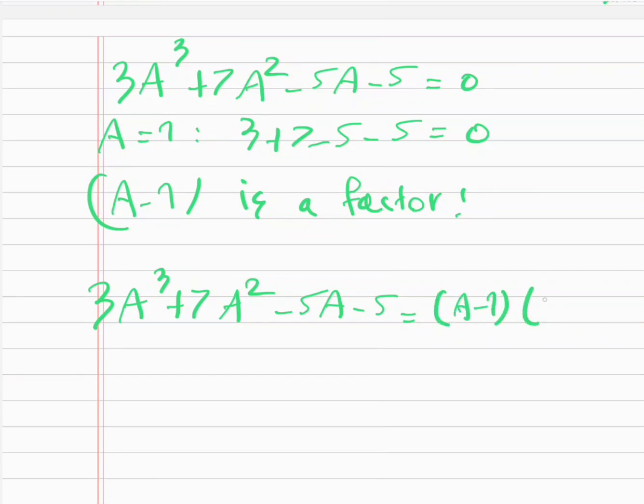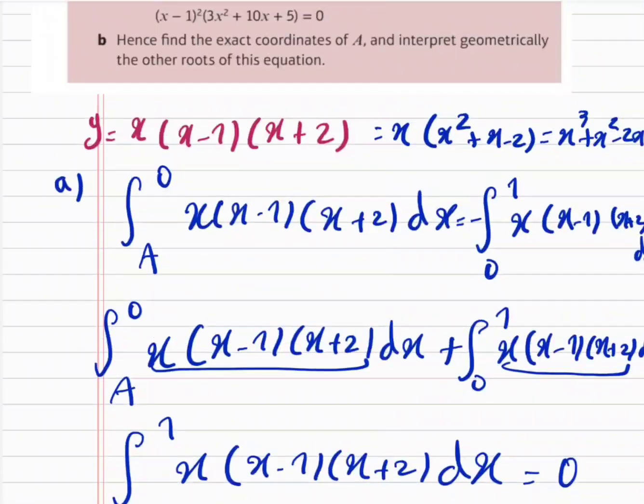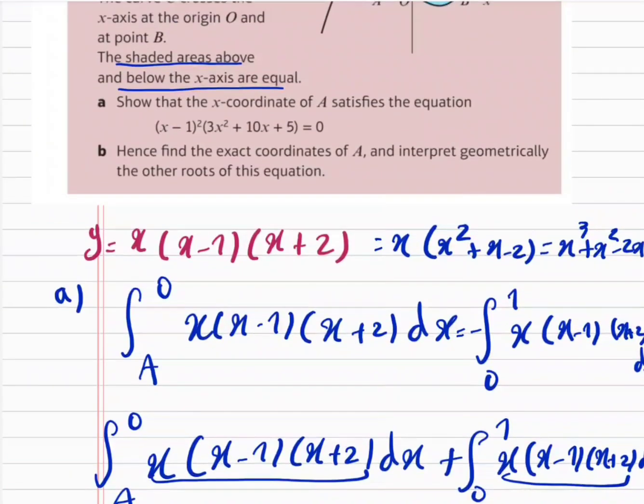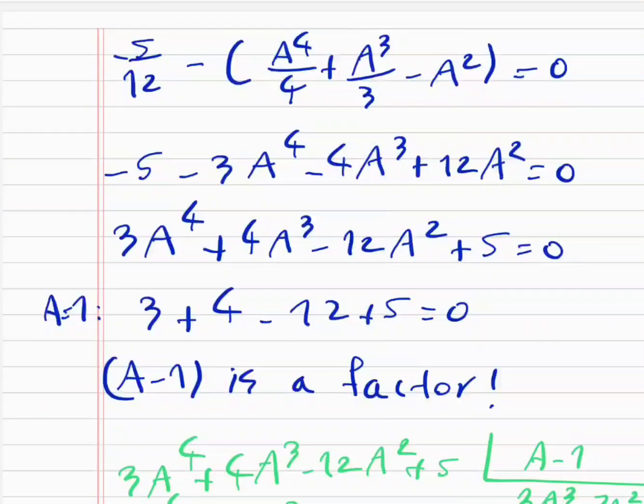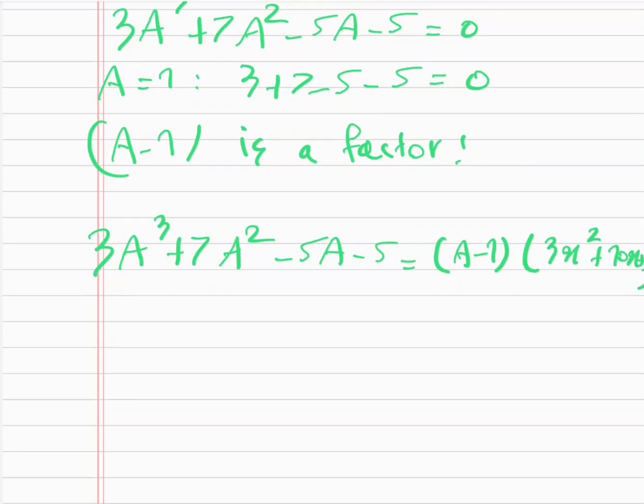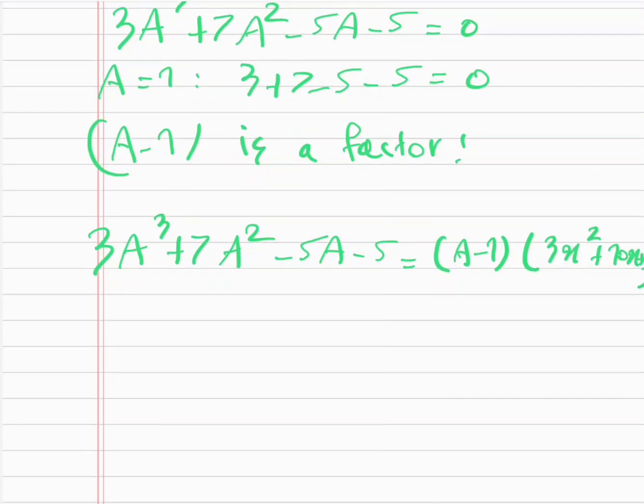But the next term, which is a quadratic, is 3x squared plus 10x plus 5. And that's indeed what we wanted to show. Or actually, let me maybe go through the division just in case there is any confusion.